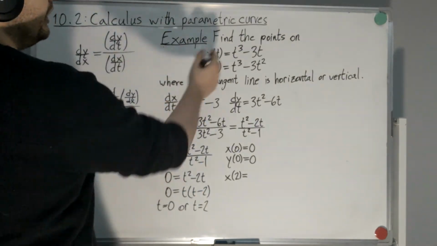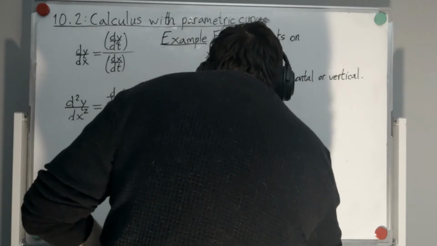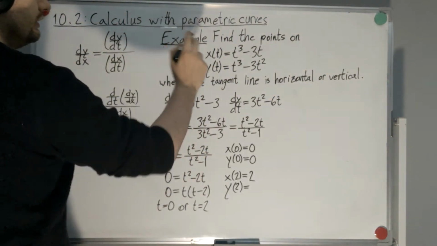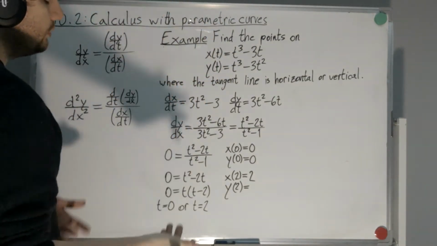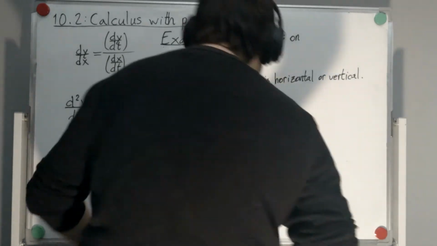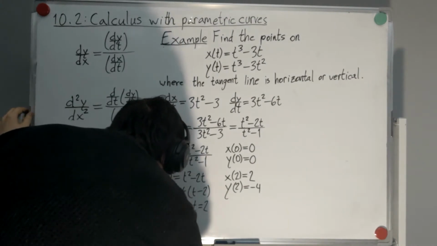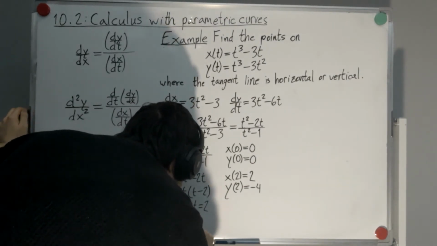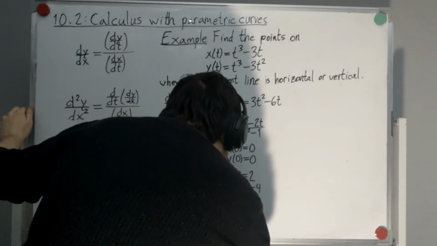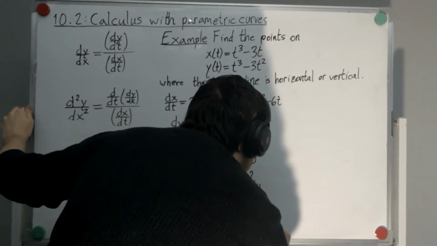X of 2 is going to be 2 cubed minus 3 times 2, which is 2. Y of 2 is going to be 2 cubed minus 3 times 2 squared, which is negative 4. Okay, so that means that we have a horizontal tangent line at the points (0, 0) and (2, negative 4).